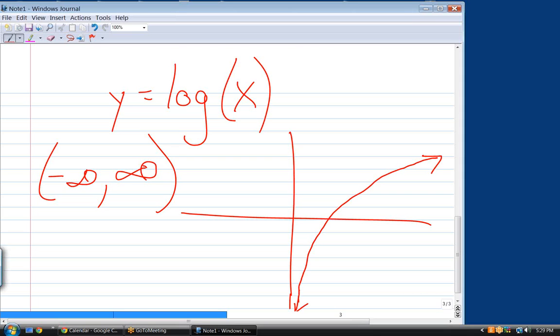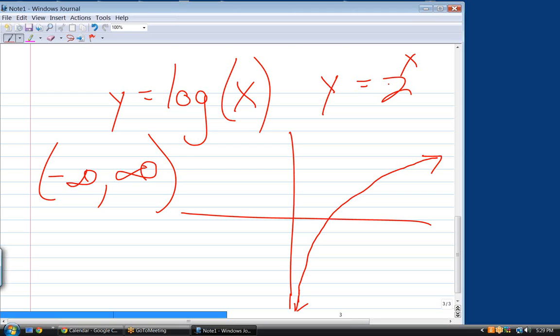And it's worth knowing that the log function is the inverse also of exponential functions. And one of the properties of inverse functions is they switch domain and range. In other words, if I told you y is equal to 2 to the x can be all reals, but y can only be positive.